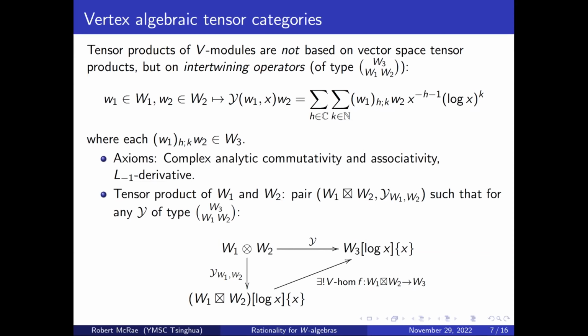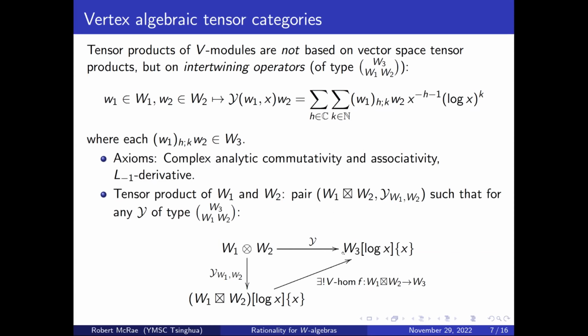So once we have this notion of intertwining operator, we can define what a tensor product module is. It should be some pair of a module and an intertwining operator going into that module, which satisfies some universal property like this.